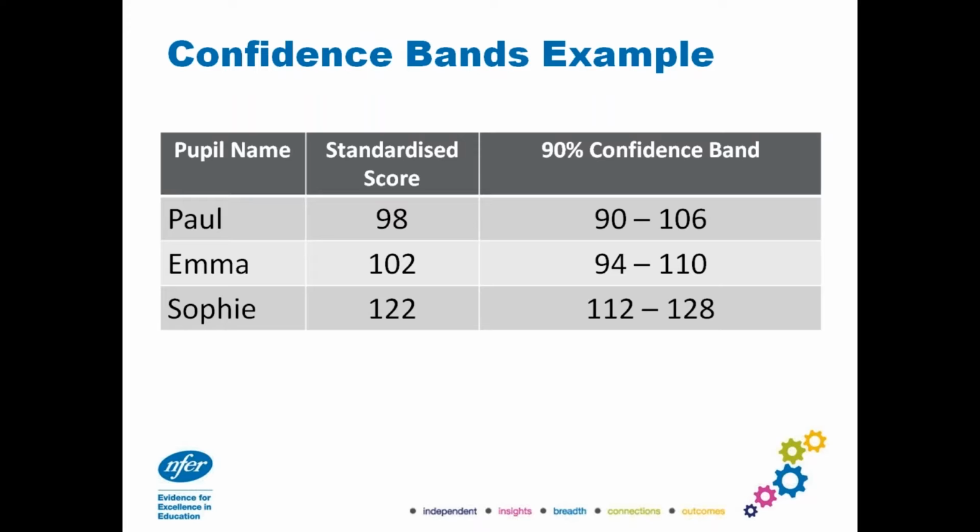That means we can say in statistical terms that Sophie has scored higher than Paul and Emma on this test. We can also say that her score is significantly above the national average, as the lower limit of her score, 112, is still above 100. So her performance is significantly above the national average on the test.